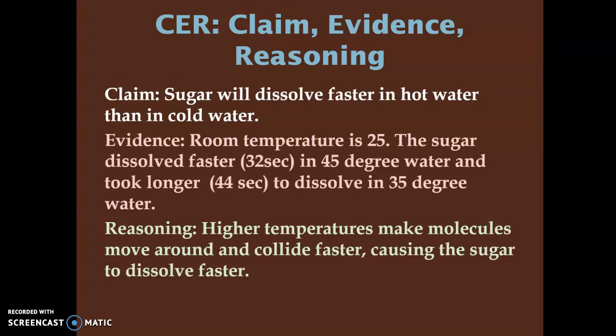Now let's look at our reasoning at the bottom. I say higher temperatures make molecules move around and collide faster, causing the sugar to dissolve faster. This is a good piece of reasoning. I know that a lot of students are going to write things like, yeah, the sugar dissolves faster in hot water. That's great. That's only a part of it.